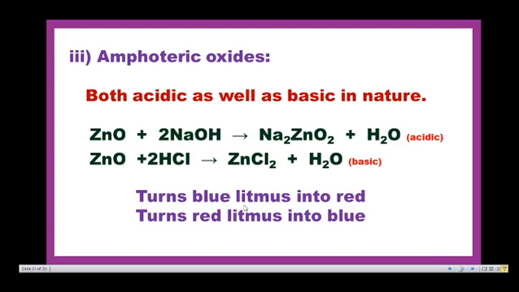It turns the blue litmus red, which shows that it is acidic in nature. And zinc oxide again reacts with hydrochloric acid, producing zinc chloride, and that solution turns the red litmus blue. So that means it is basic in nature. Okay, so it behaves both ways. Zinc oxide is both acidic as well as basic in nature, so that's why it is an amphoteric oxide.